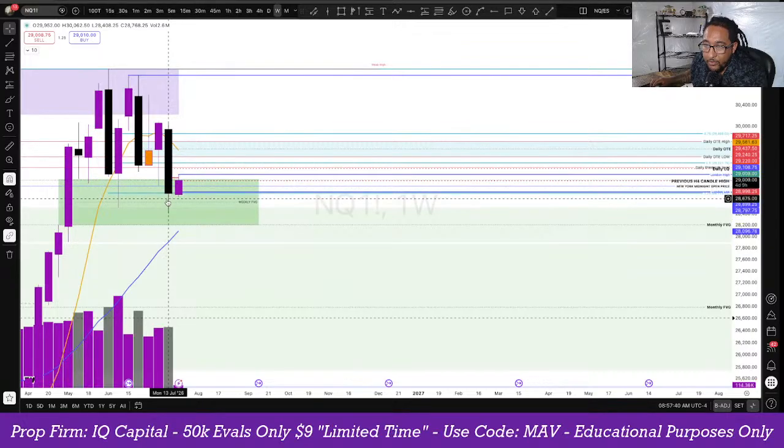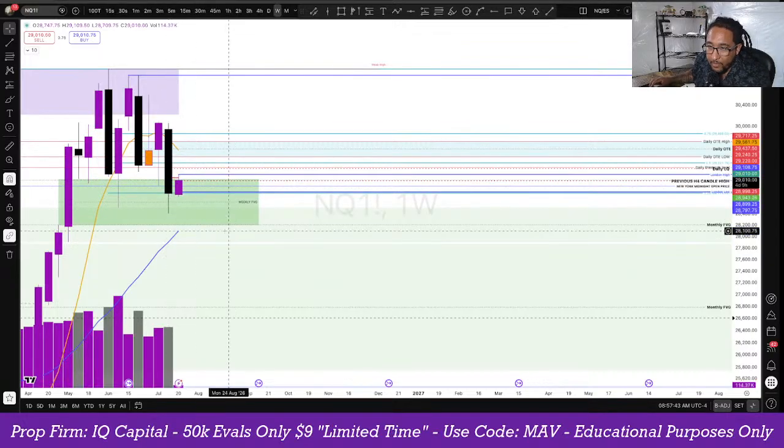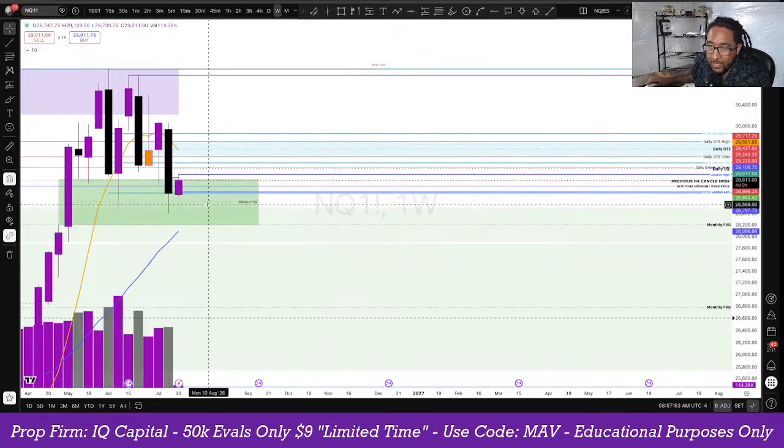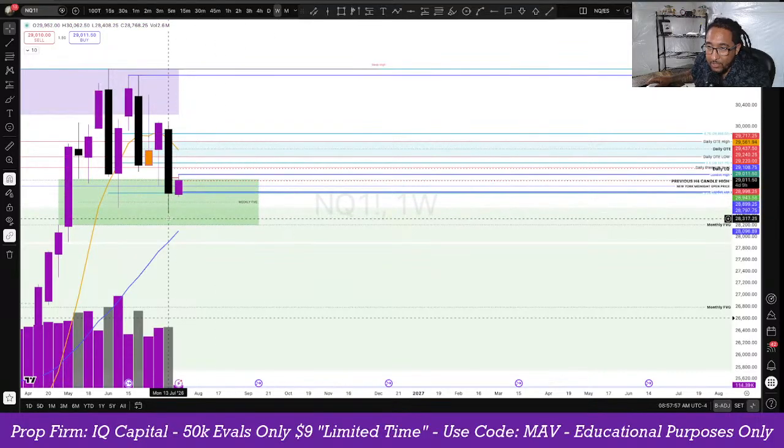We came into this weekly fair value gap, and we still respected consequent encroachment of this weekly bullish fair value gap because we wicked past it. But if you notice, we didn't body below consequent encroachment.